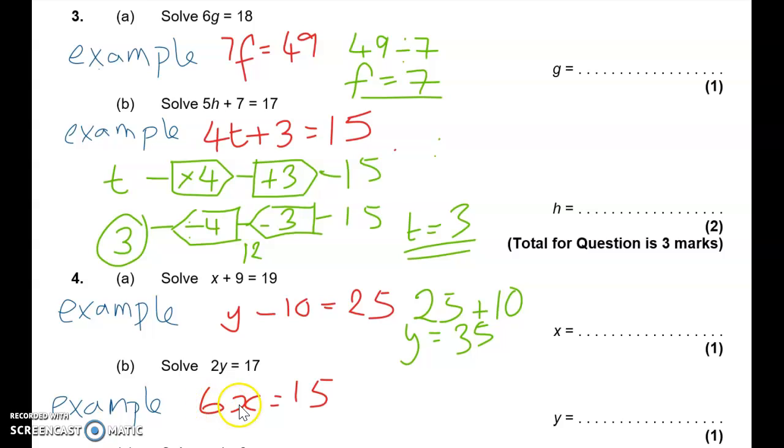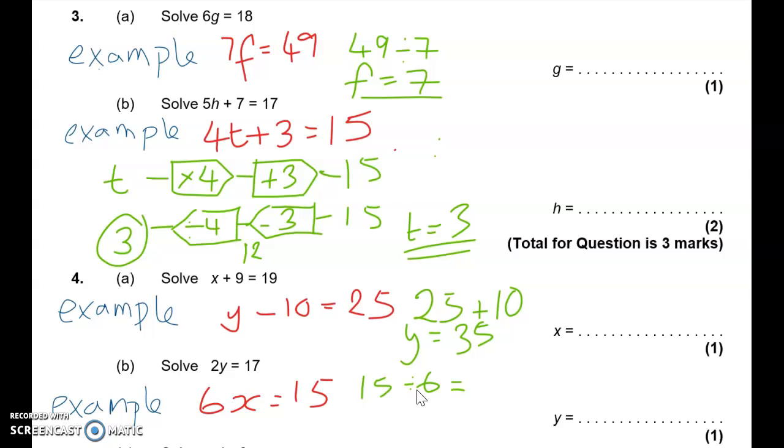Okay, this one here is similar to the first one we did up here. So 6 times x equals 15. Now, I know that 15 isn't in my 6 times table, so I'm going to end up with a decimal answer, or a fractional answer. So I'm going to use my inverse again. So I've got 15 divided by 6. I'm going through my 6 times table. So I've got 6, and then I've got 12, and then I've got 18.